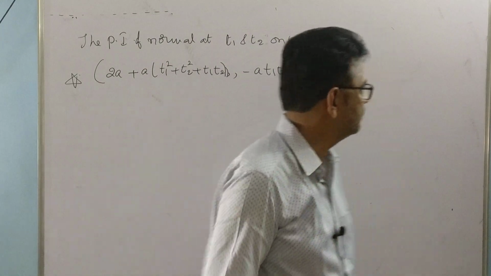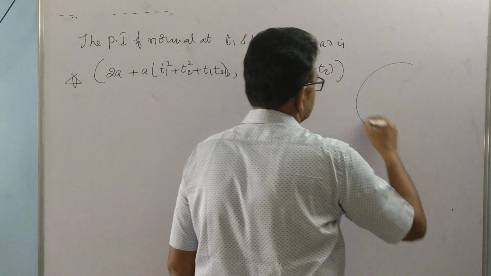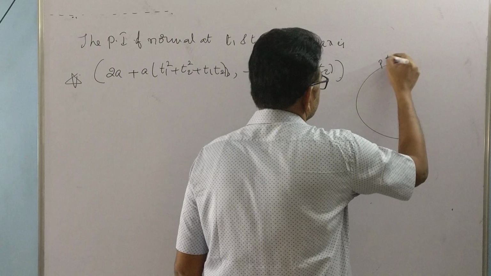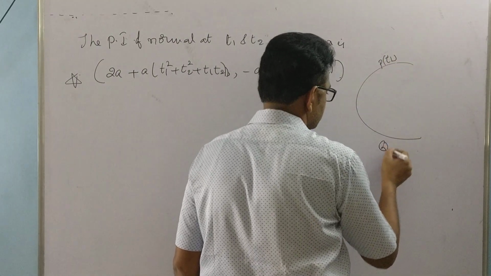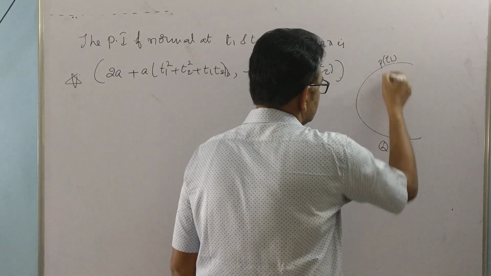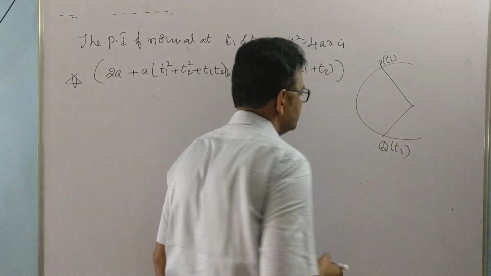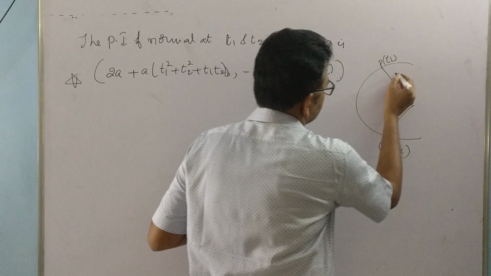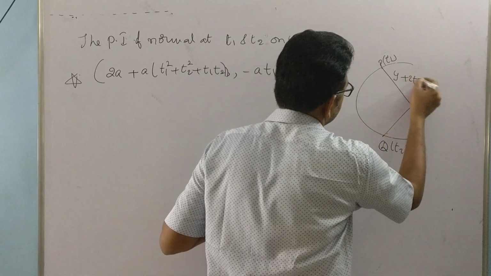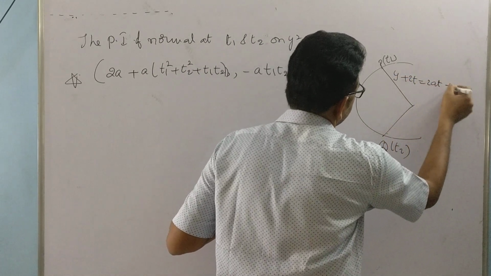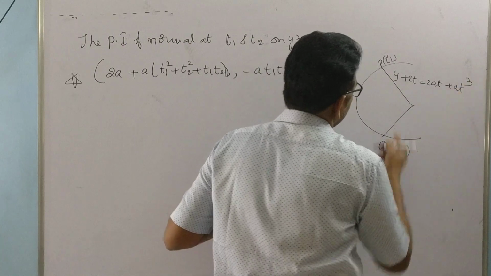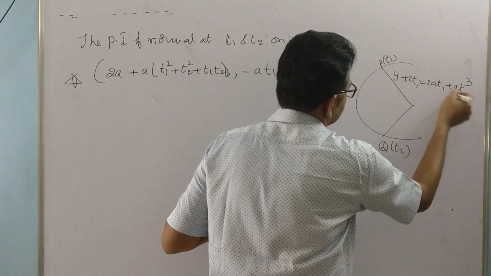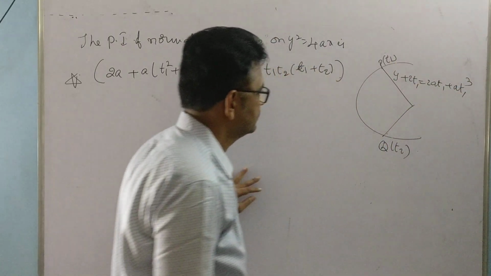Point of intersection of normals. The point is P, T1. The point is Q, T2. So this is one normal, this is also a normal. What is the equation of a normal? The normal is y plus xt is equal to 2at plus at cubed. At the point T1, this is the normal equation.